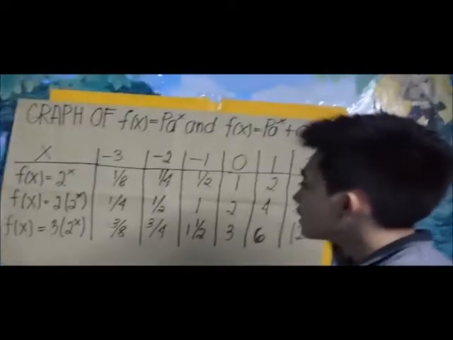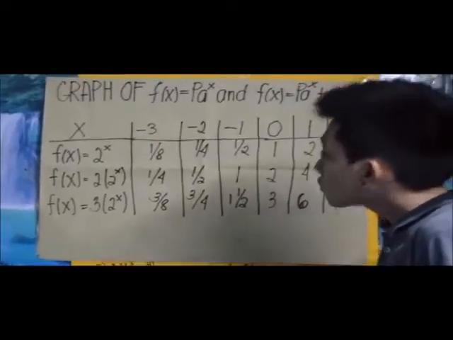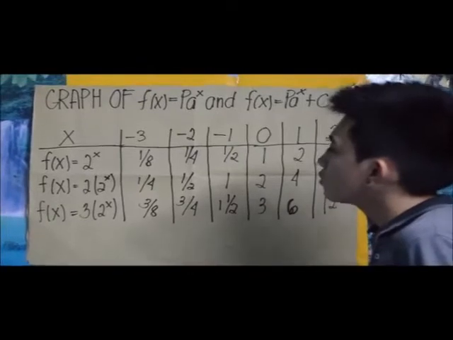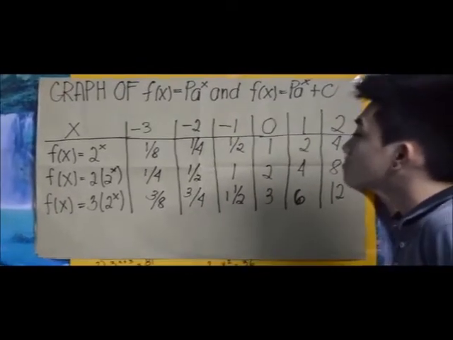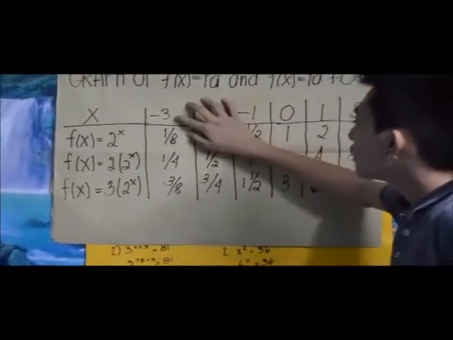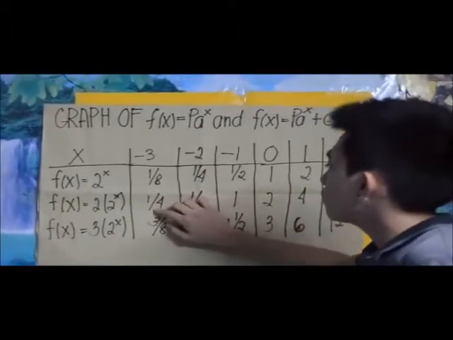F of x equals 2 times 2 raised to x. For x equals negative 3 it is 1 over 4.